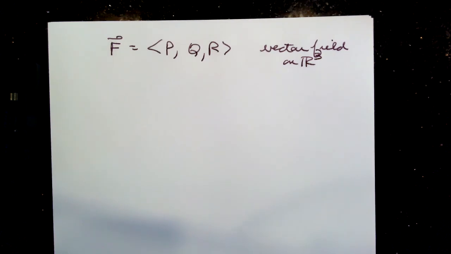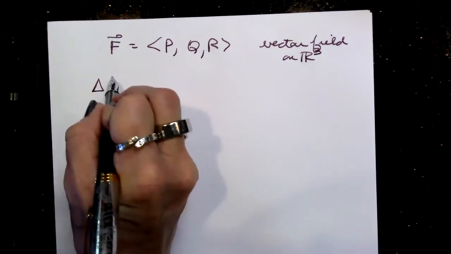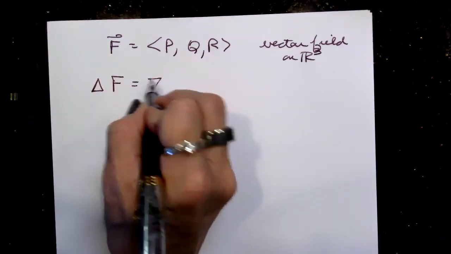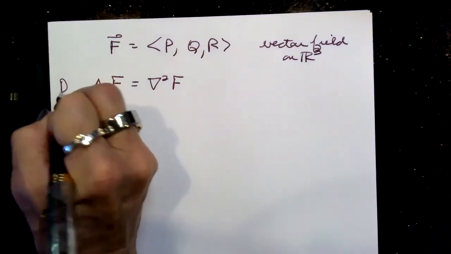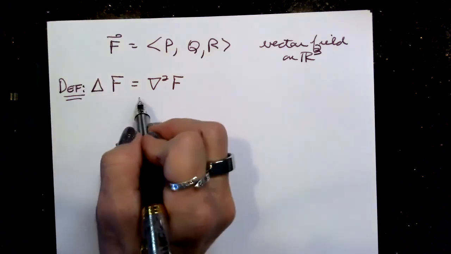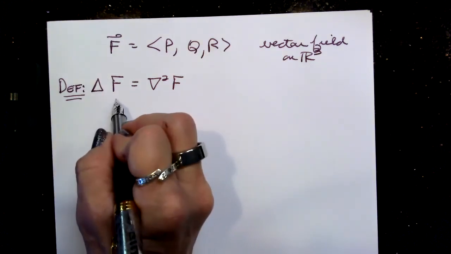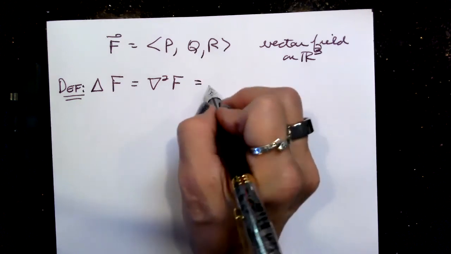Okay, so what do we mean when we say the Laplacian of a vector field? The book likes to write it like this. So how do you define the Laplacian of a vector field? Because a vector field is different than a function, so this really means something different. It's not quite clear, but here's how we define it.